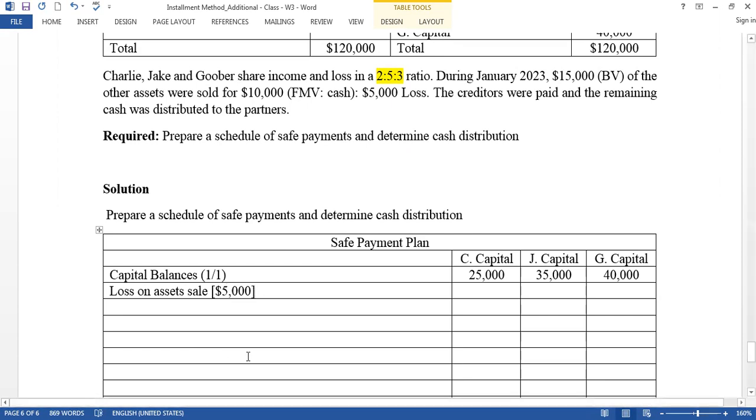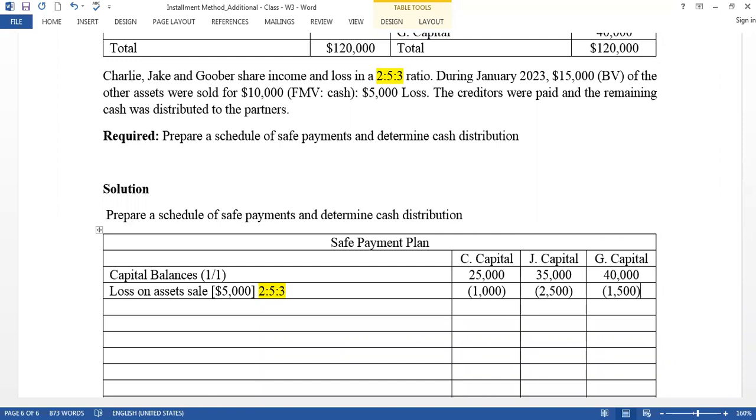And this $5,000 they are going to distribute this way: 1,000, 2,500, and 1,500.